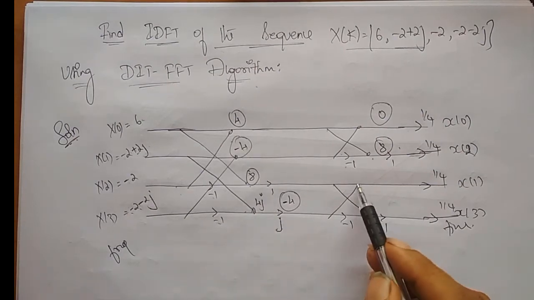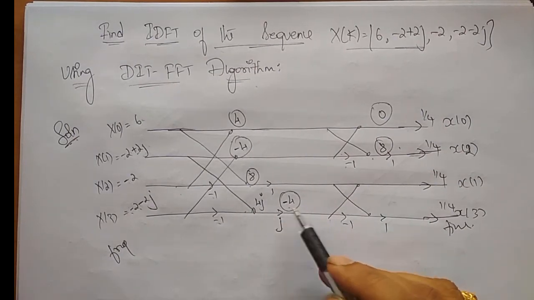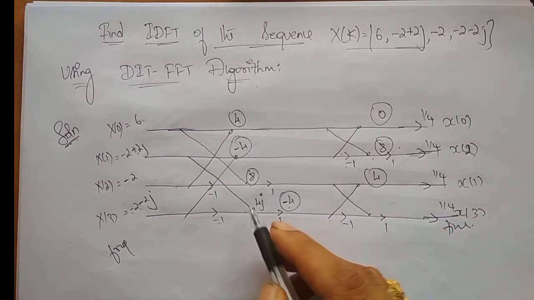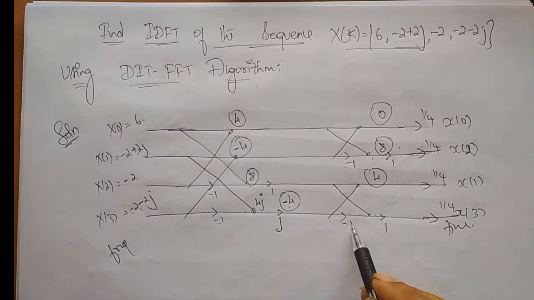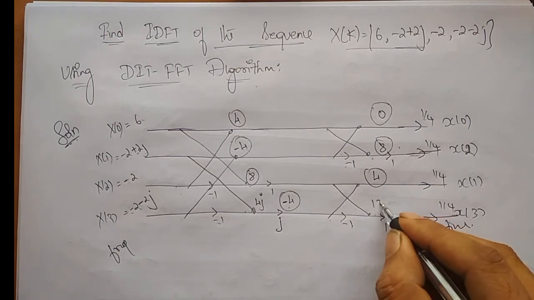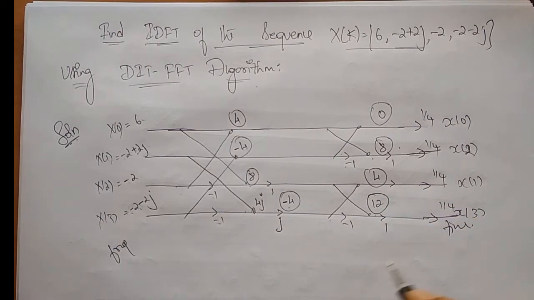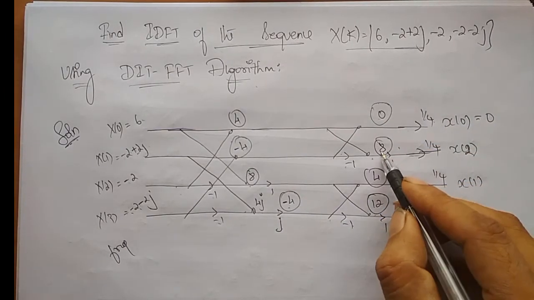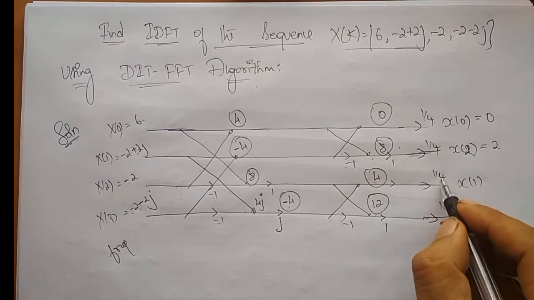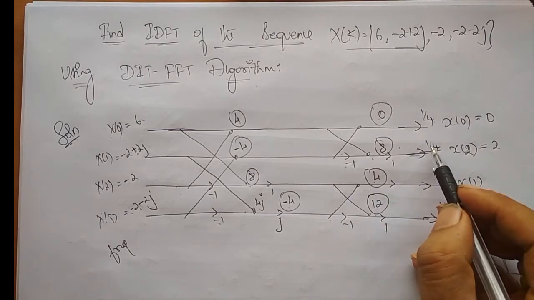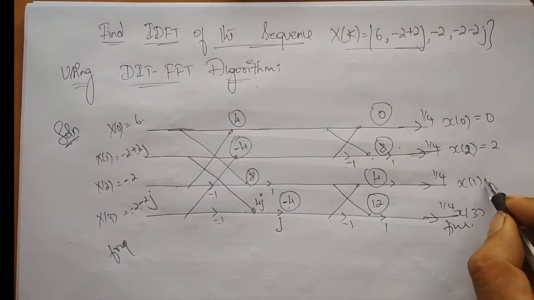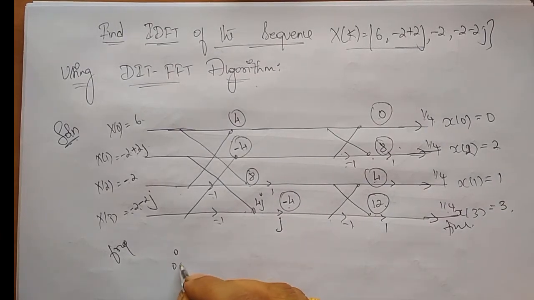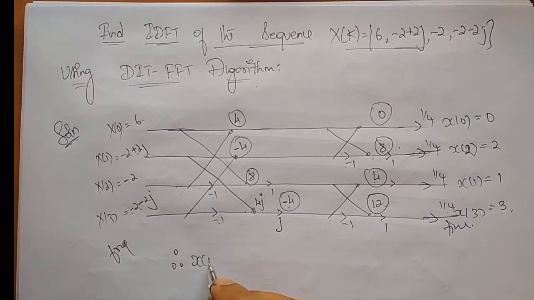So I have 4 coming here, 8 coming here, minus 4, which is 4, and I have 8 coming here, minus into minus plus 4, which is 12, and scaled by 1 I end up with the same number. So now 0 scaled by 1 by 4 is 0, 8 scaled by 1 by 4 is 2, 4 scaled by 1 by 4 is 1, 12 scaled by 1 by 4 is 3. So since this is in decimated order, I have to put it in normal order.